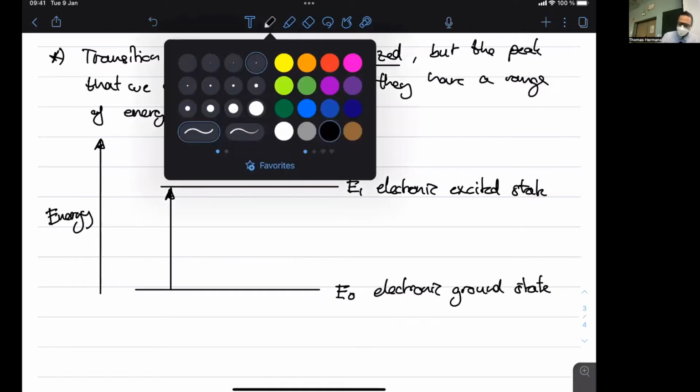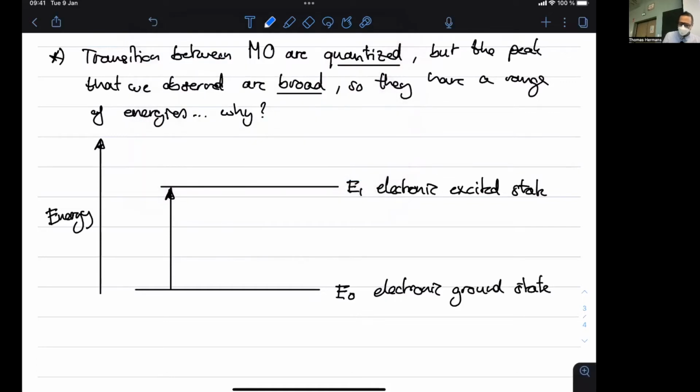But in reality, we have additional smaller levels, and they are somewhere here. Those are vibrational levels, and they are very close to the electronic states, right? So we can call them V1, V2, V3, V4.